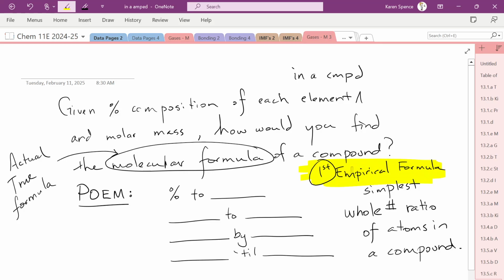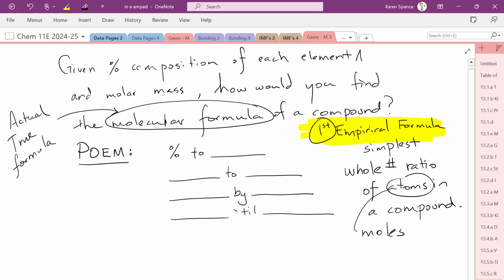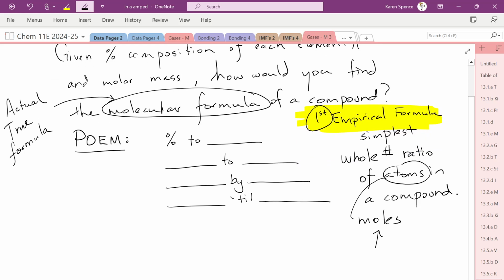Now, if we're finding the simplest whole number ratio of atoms, instead of using atoms, what could we use? We could use mass, but we would need something in between. Moles, okay? So instead of directly using atoms, we can use moles. And the way that we get to moles is from the molar mass.